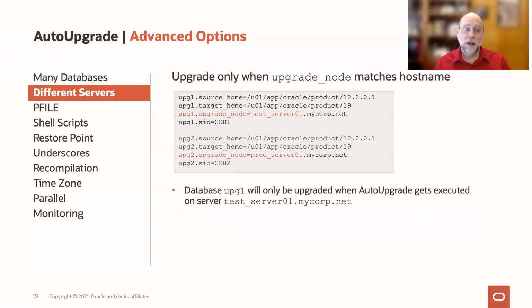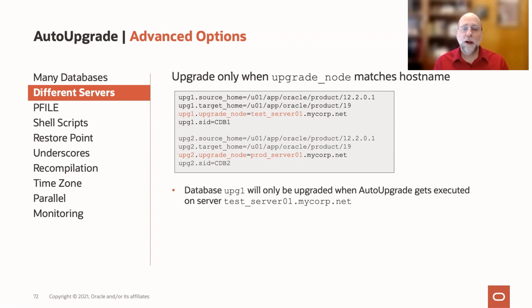Now, if you have a lot of databases and you're especially running in a RAC cluster, you might want to distribute those upgrades across multiple servers. We don't allow remote invocation of this, but using the upgrade_node parameter in your config file, what you could do, especially in a cluster where you have shared storage, is have one config file in a central location, and then by specifying the nodes on which you want an upgrade to run, you just invoke AutoUpgrade once for each physical server, and then only the subset of databases specified in the config file for that server will be upgraded.